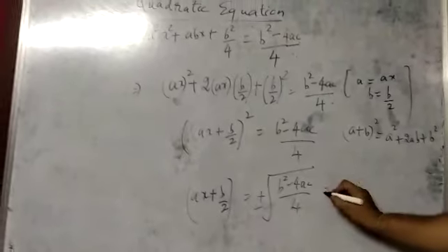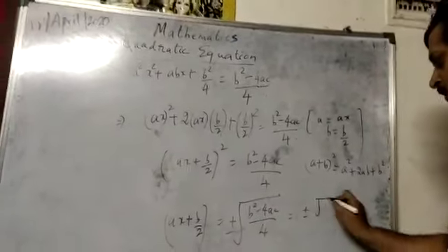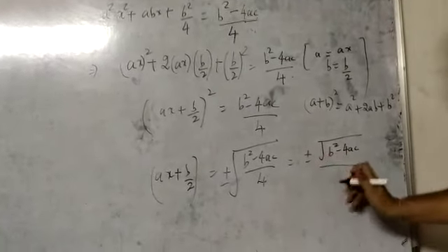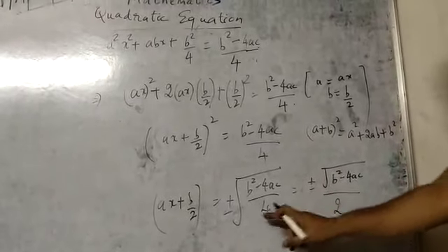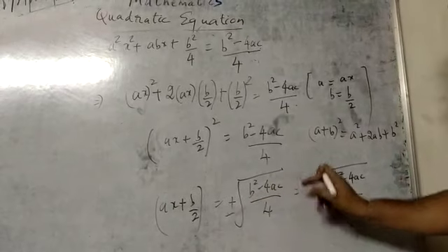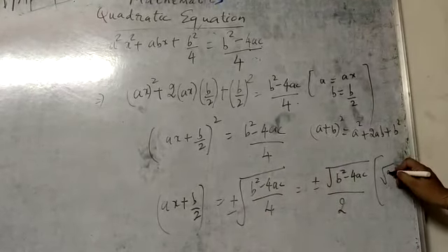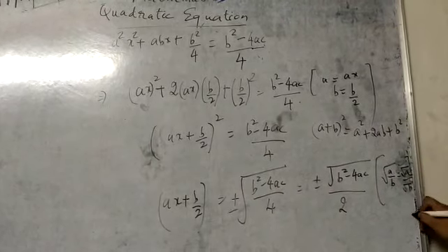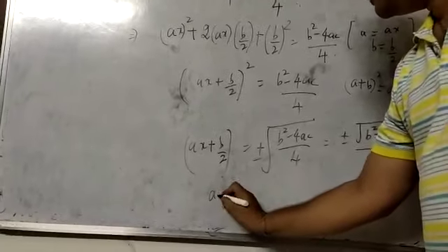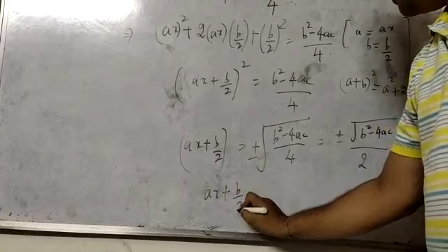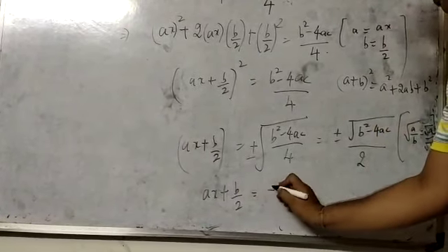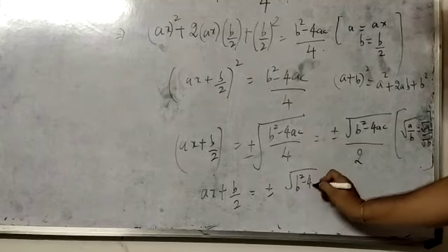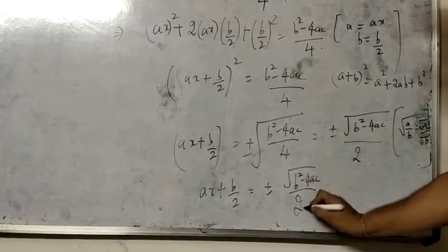Now this is equal to plus or minus root of b squared minus 4ac by root of 4, which equals 2, because root of a by b equals root a by root b. This will be ax plus b by 2 equals plus or minus root of b squared minus 4ac by 2.